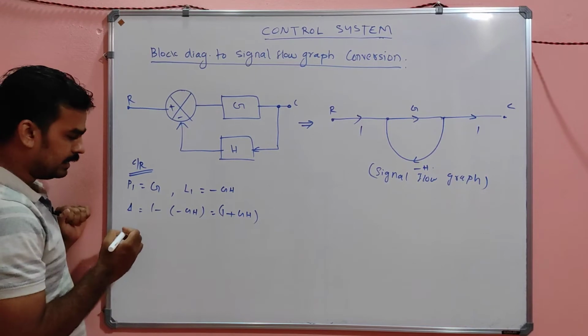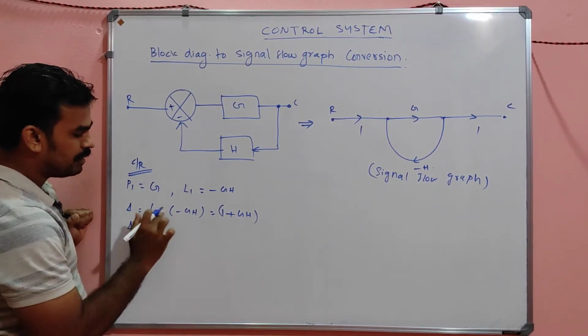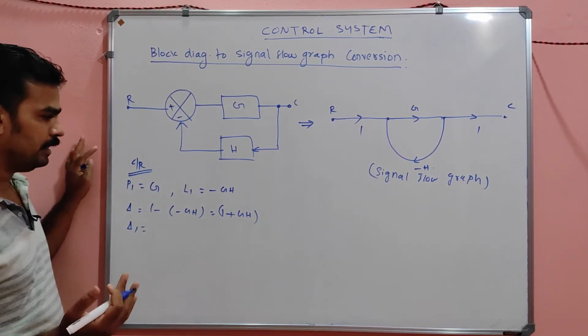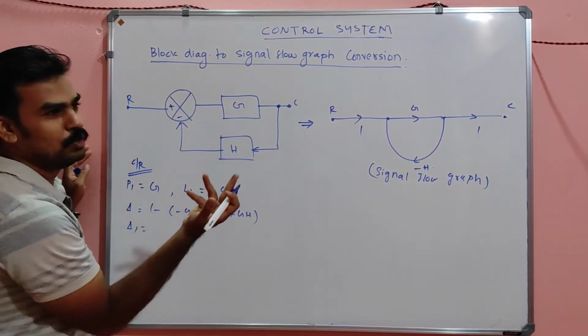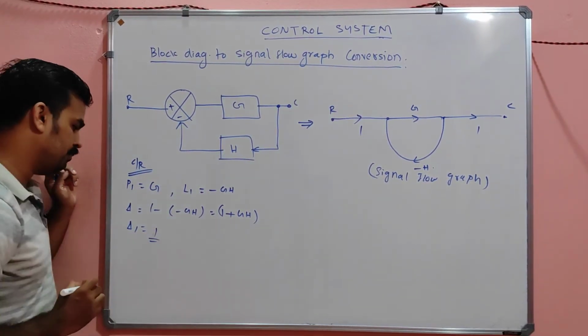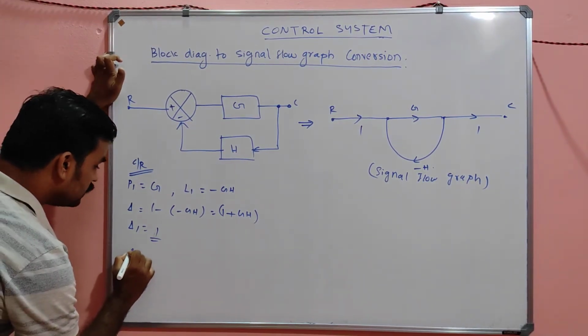And what is del 1? Del 1 is the same as del except that the loops touching the first forward path have to be eliminated. GH is the loop touching the first forward path, so del 1 will be simply 1.